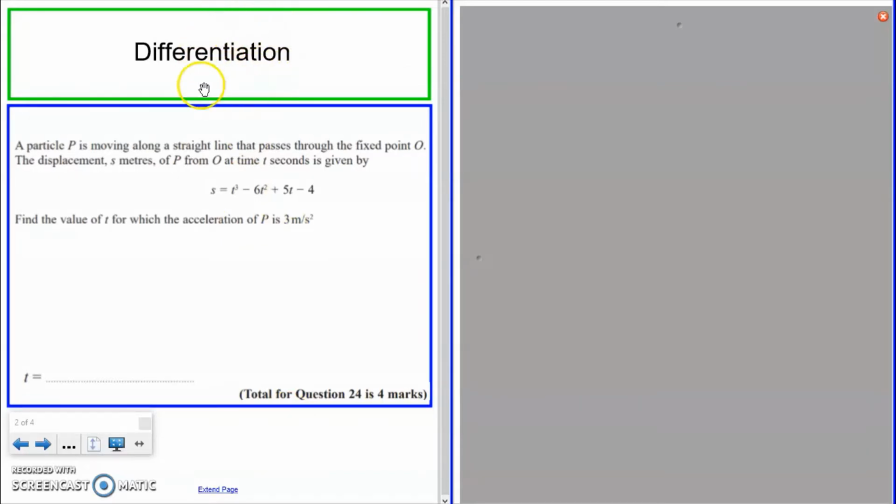It doesn't actually say differentiate in the question, but keywords such as displacement and acceleration are giving you a very big hint that you need to apply differentiation. This grade 9 question has been allocated 4 marks. Could you pause the video at this point and have a go at answering this question?